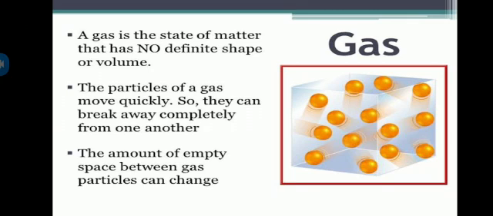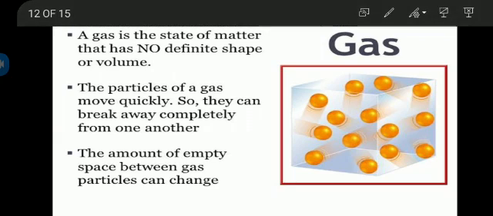What is the gaseous state of matter? The gas is the state of matter that has no definite shape or volume. Okay, that means gas doesn't have a fixed shape. It takes the shape of a container in which it is filled. Okay, the particles of a gas move quickly, so they can break away completely from one another.